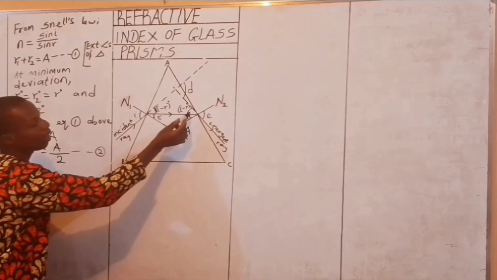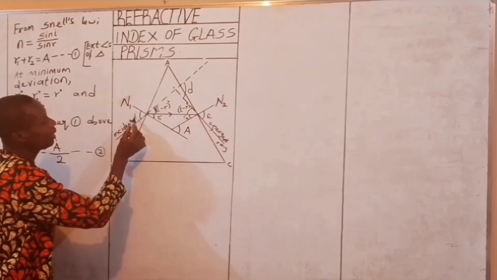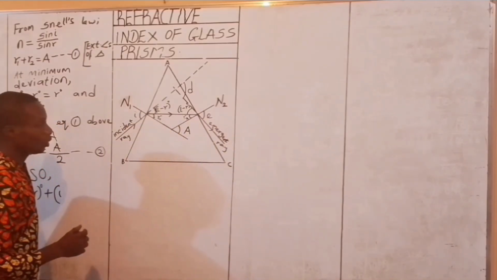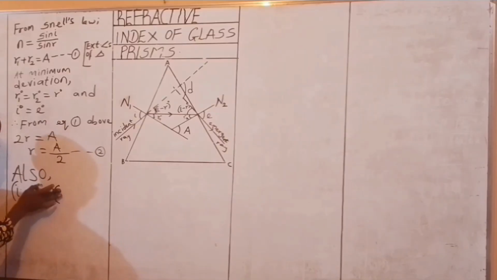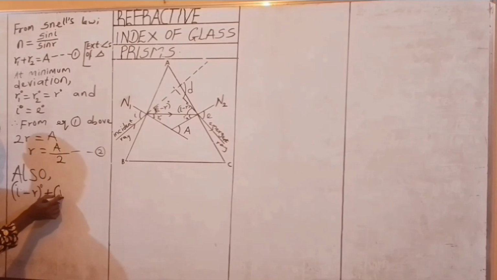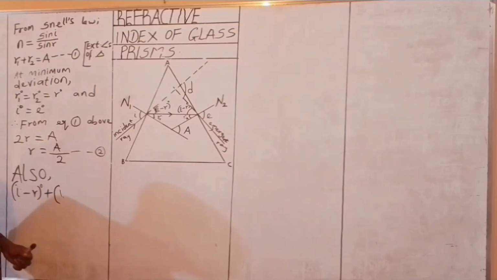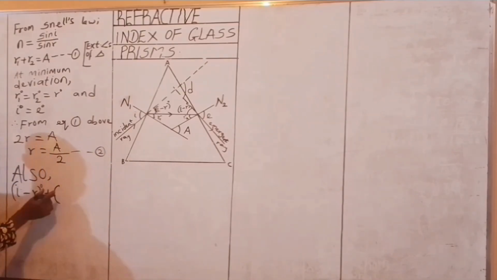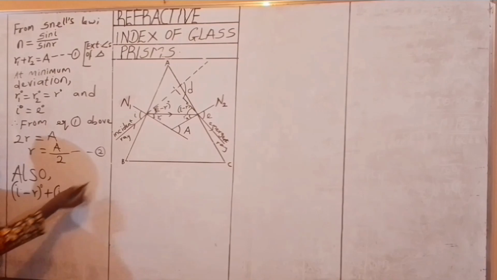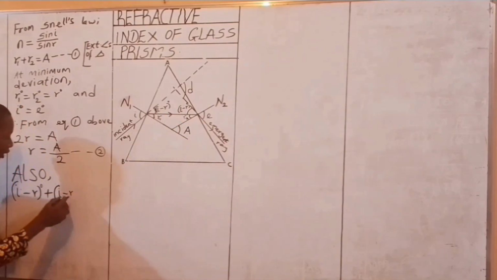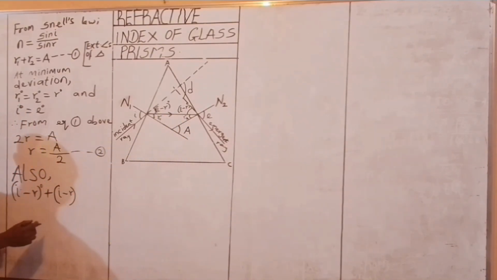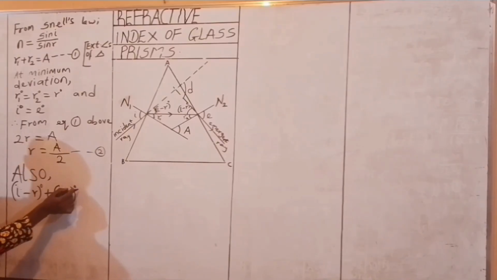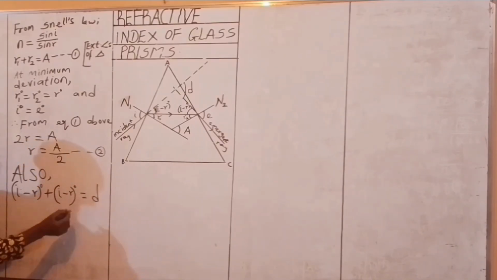What we did here, repeat it here. Since i is equal to e, we have i again. This i represents i2. So we have our i here minus r. The r here is actually r2, but they are all equal because it is a minimum deviation. That's equal to D.